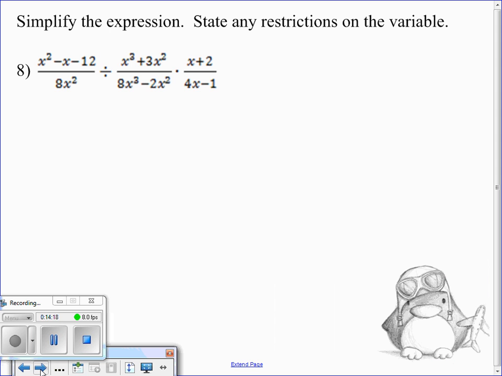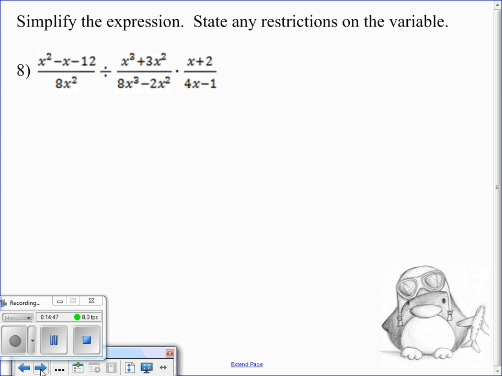Well, let's do one more together as a group. Let's look at number 8. Oh my gosh, what did I just do to you? I have 3 of them. Notice your signs. One's division, one's multiply. Which ones flip? Just the middle one. Yep. Because you always flip the one that directly follows your division sign.